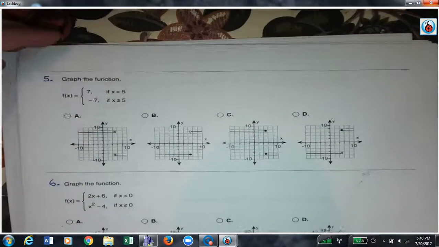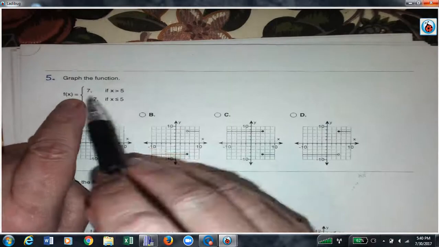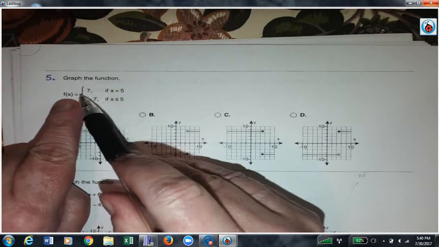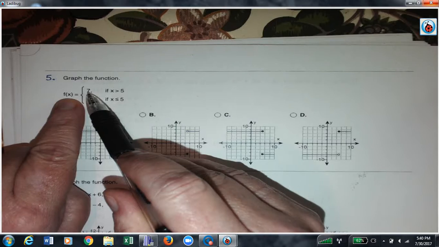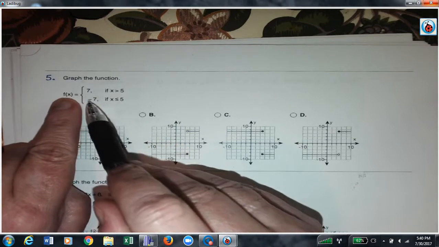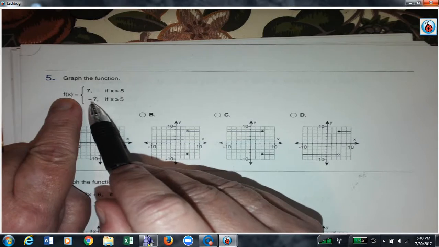Graph the function. Okay. So the function f of x equals 7 is the horizontal line going through 7 on the y-axis. The function f of x equals -7 is the horizontal line going through -7.